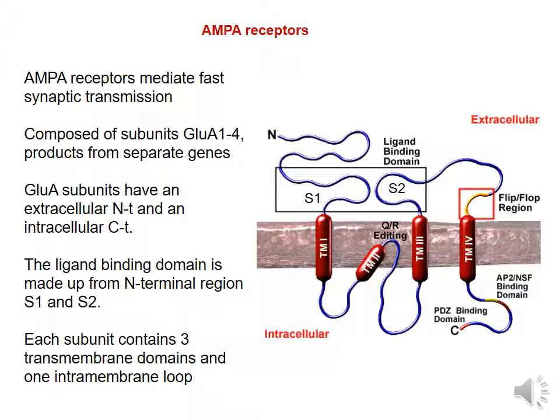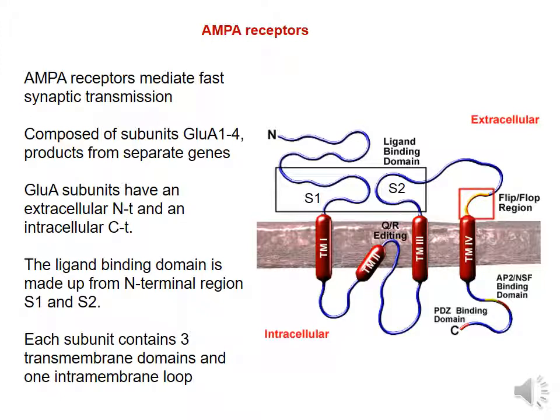So now let's focus on AMPA receptors and the diversity of AMPA receptors. It's huge. They mediate fast synaptic transmission. They're composed of subunits formed between GluA1 and A2, 3, and 4, and they come from different separate genes.